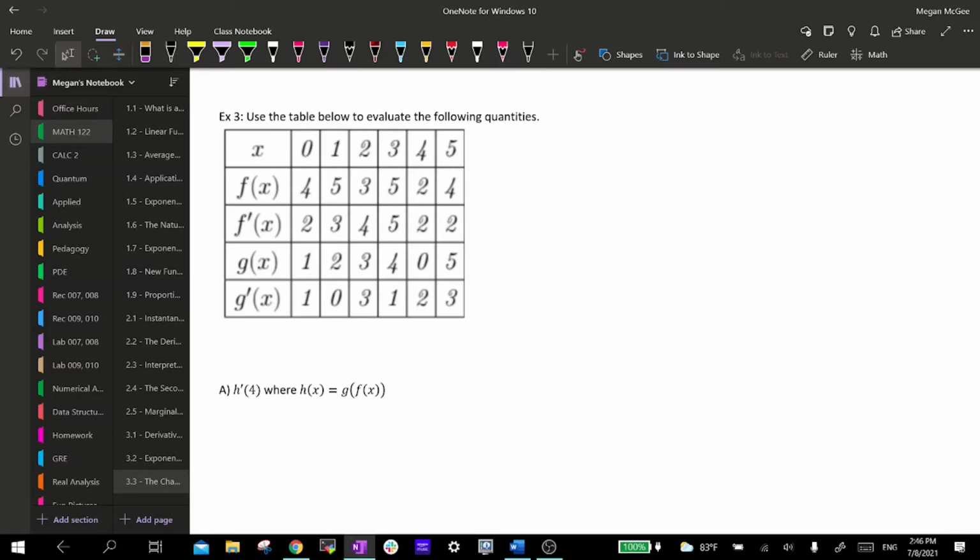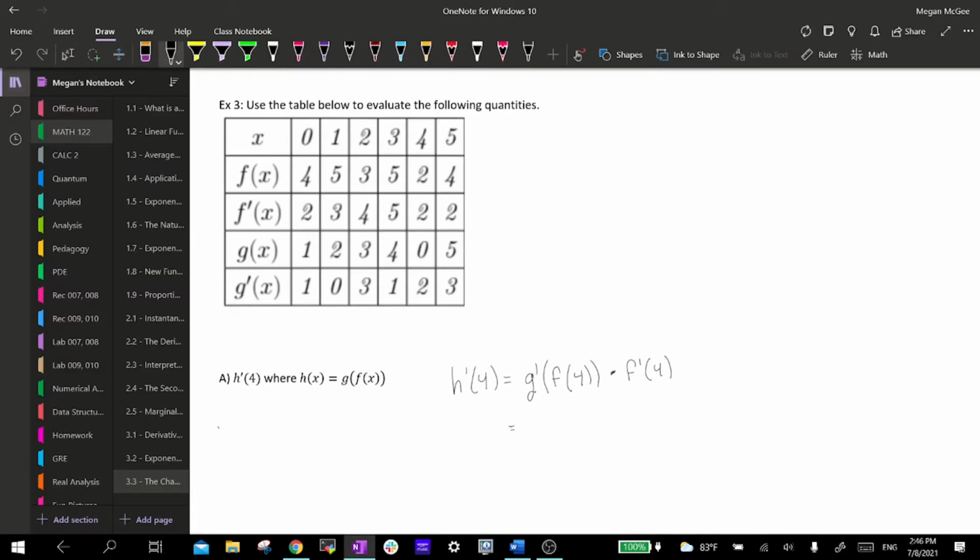Okay, so again, using the chain rule, h prime of 4 is going to be our derivative of the outside function, evaluated at the inside function, evaluated at the number that we care about, times the derivative of our inside function, evaluated at the number that we care about. And we need to go get all of these values from our above table.